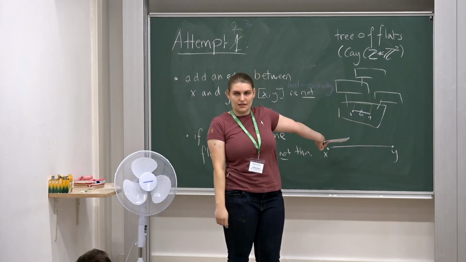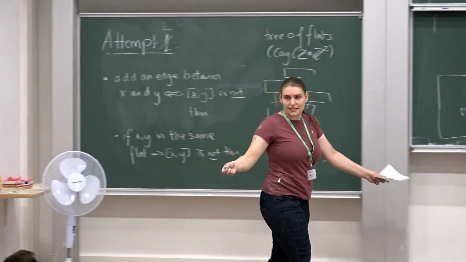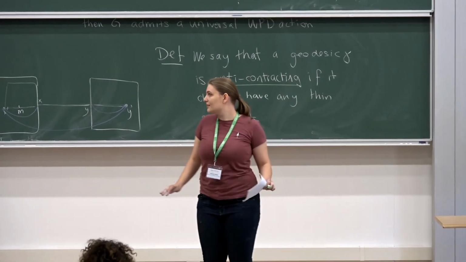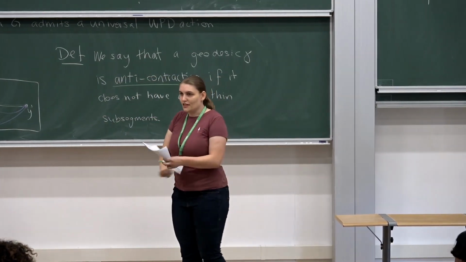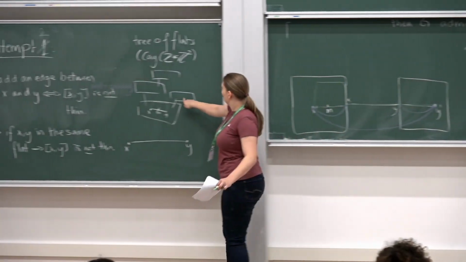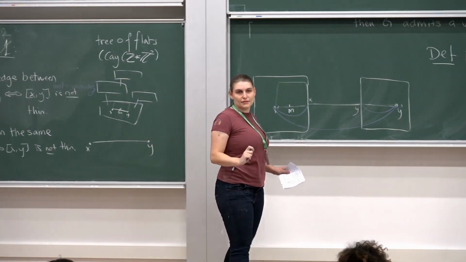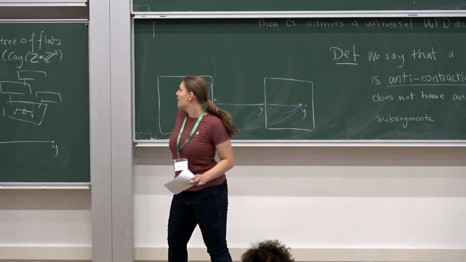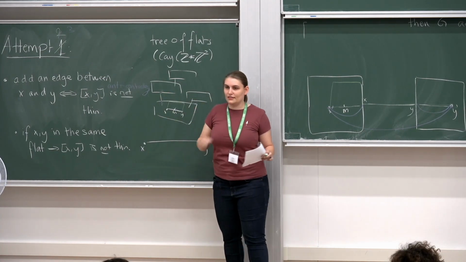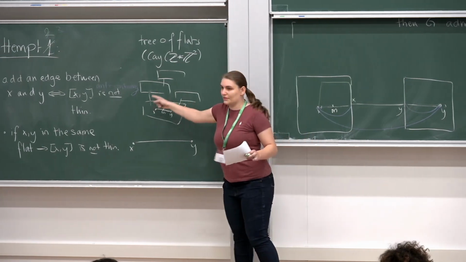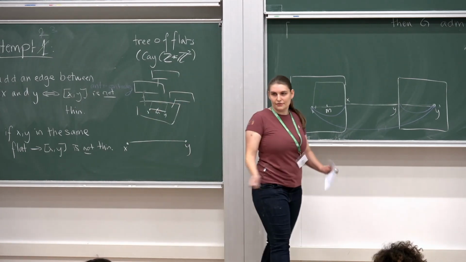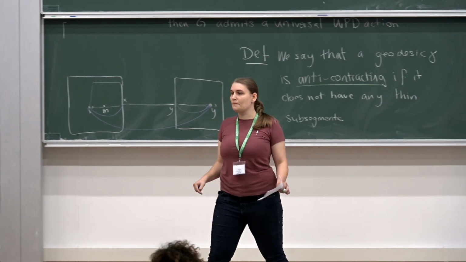And if you look at what this does to our tree of flats, within the flats we said every segment is not thin. So every segment is anti-contracting, because if there's nothing thin, you can't have a subsegment that's thin. So all our flats will be collapsed. On the other hand, if you look at an interval between the flats, this is very much zero thin, because anything going through the midpoint of this interval has to go through it.